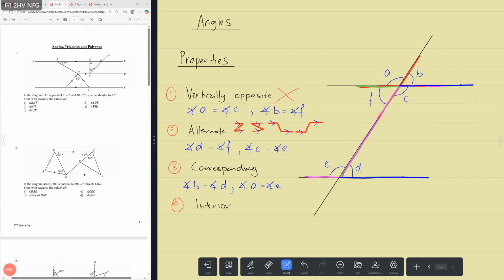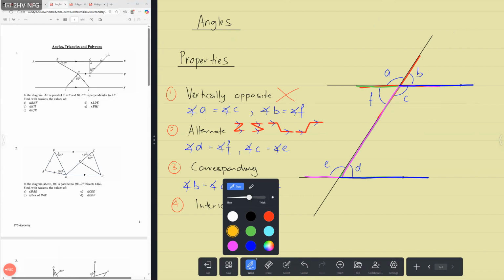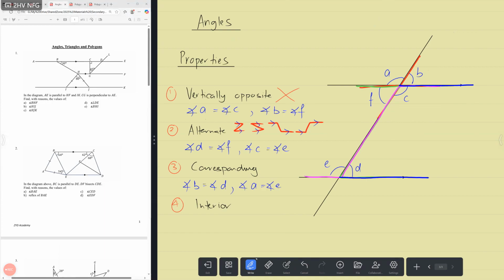Let's look at our last angle type, which is interior angles. Now I need you all to trace my yellow line. Interior angles, you can use the word in, that is inside a certain polygon, enclosed between two lines. Again, you need parallel lines here: the same blue line, now labelled in yellow, and this line here.